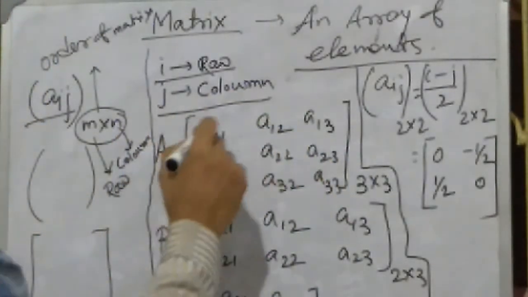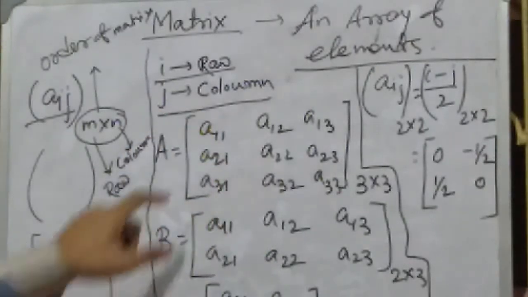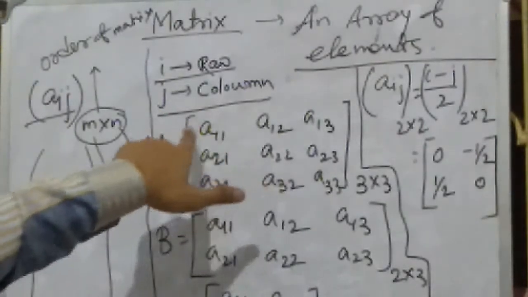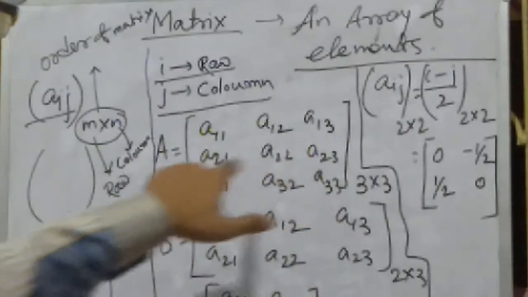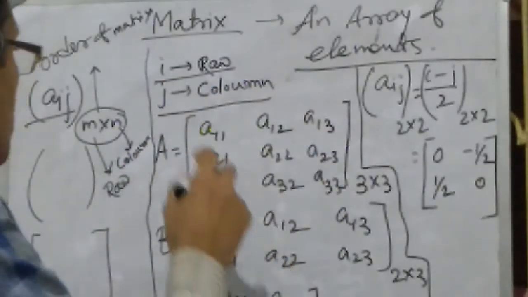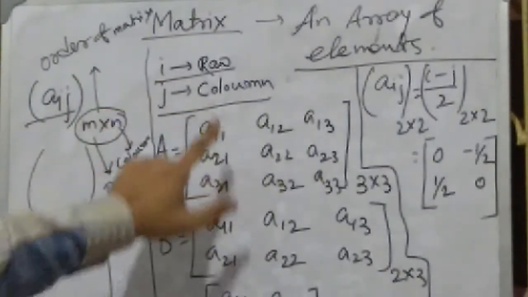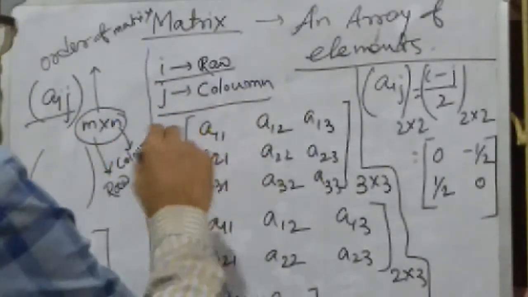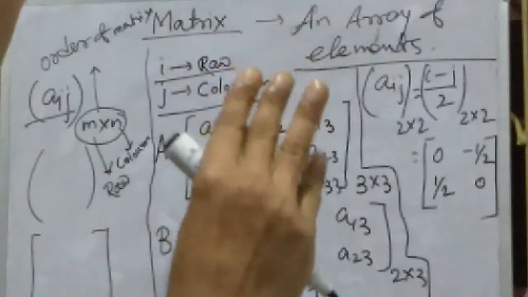So here this is the first row, second row, third row, first column, second column, third column. So we can say it's a matrix of 3 rows and 3 columns.